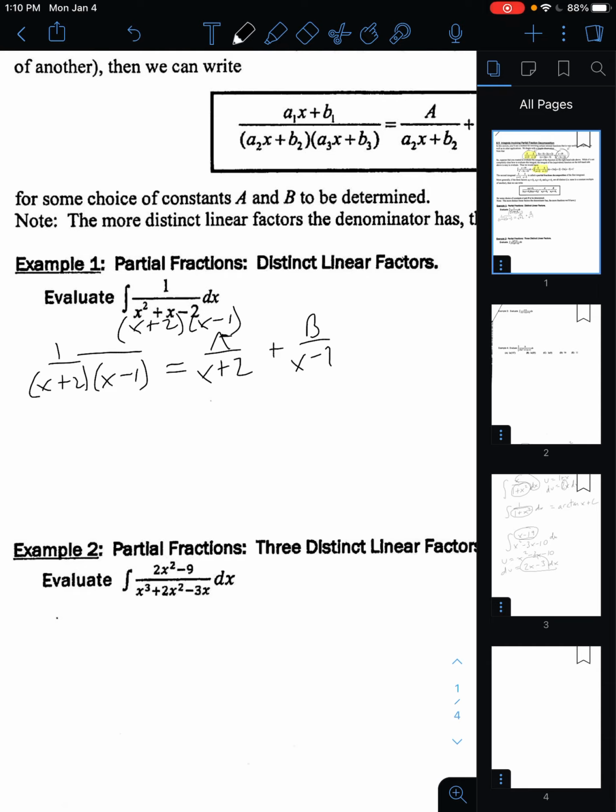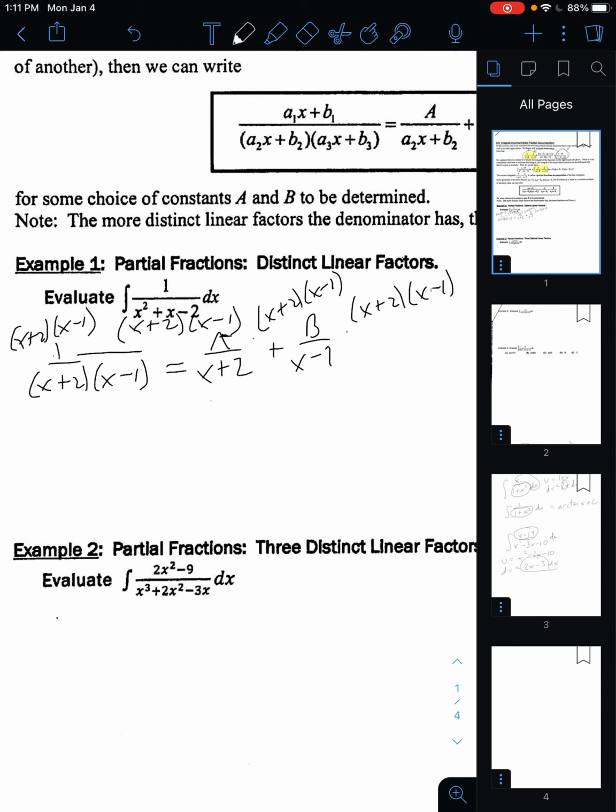If I multiply everything in this equation by x plus 2, x minus 1, all the fractions will go away. Again, you will not have to do this step. You can kind of do it in your head, you'll see. So if I multiply everything by x plus 2, x minus 1, and then even over here on the left side, x plus 2, x minus 1.